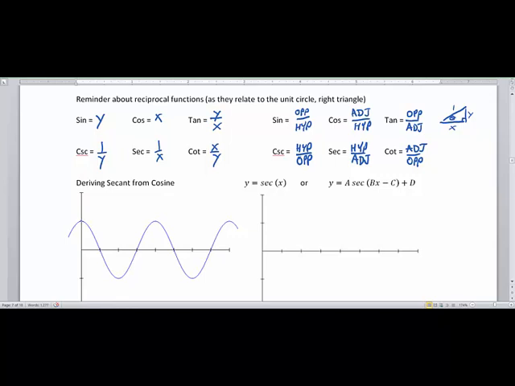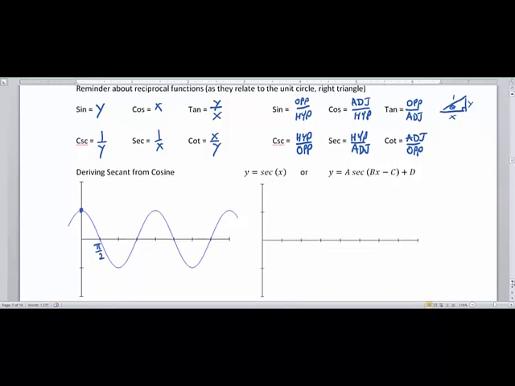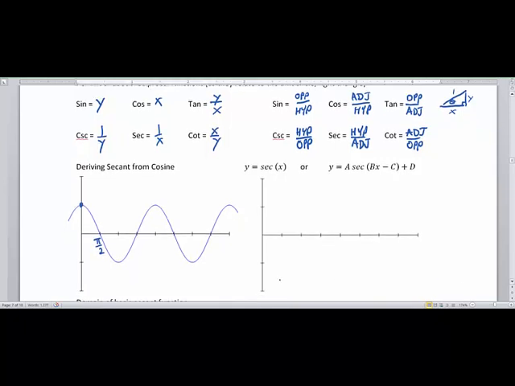And its reciprocal at 1 is going to be 1. Now, at this point, at pi over 2, we're going to take the reciprocal of 0. Here's the thing. The reciprocal of 0, which is normally 0 divided by 1, is now 1 divided by 0. And 1 divided by 0 is a problem, because 1 divided by 0 is an undefined point.